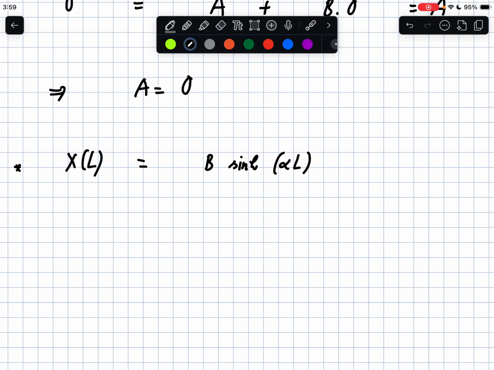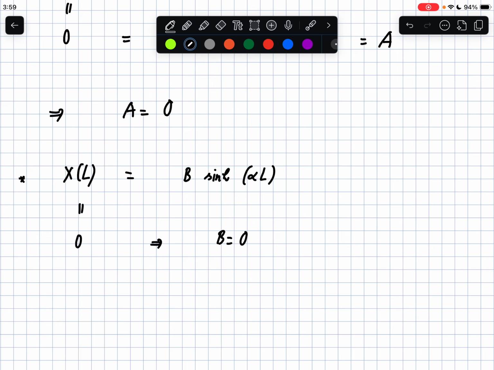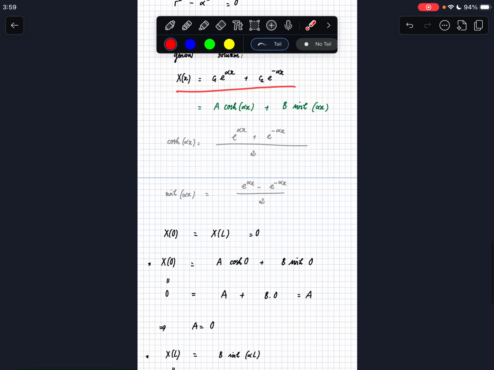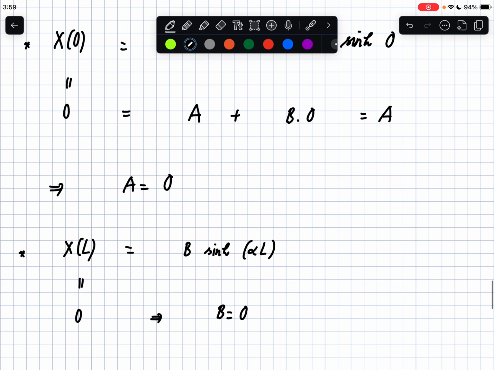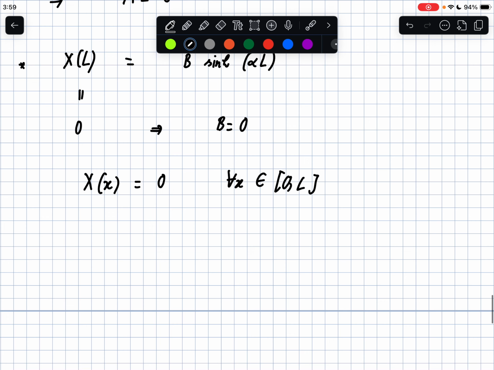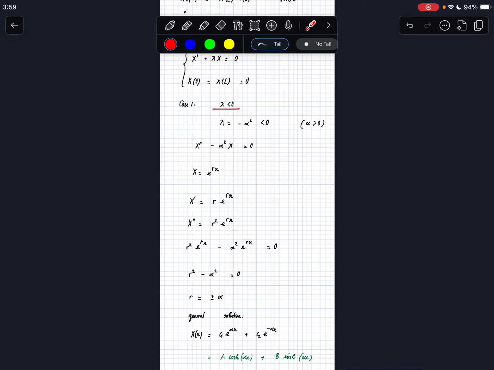So X(L) is 0, which gives us B must be 0. In this case, A and B are both 0, which means X of x is 0 for all x between 0 and L. And we don't want that. We don't want trivial solution. So the first case, lambda negative, gives us the trivial solution.